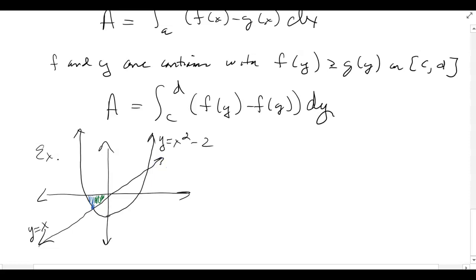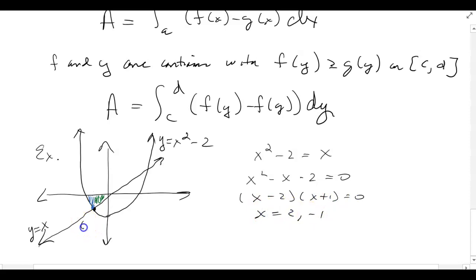All right. So to do those two different integrals, you need to find out where they intersect, and of course you can just do that by setting x squared minus 2 equals x, so x squared minus x minus 2 equals 0, x minus 2, x plus 1.